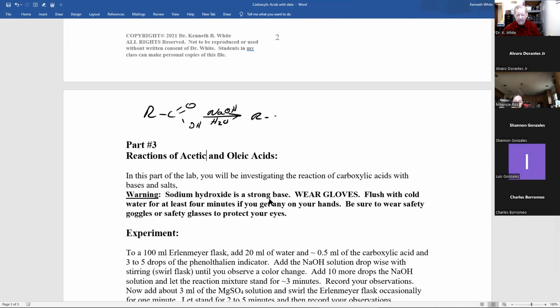This reaction. And you find out certain carboxylate anions are more soluble than the carboxylic acids. Now, the new thing you're going to do is the second reaction.